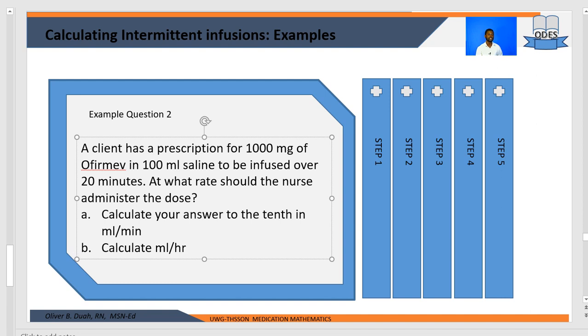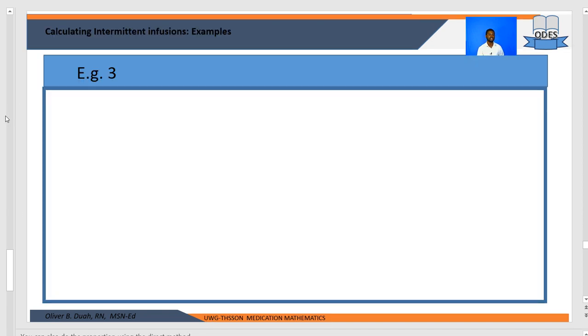Okay, so let's see what are the variables. So we have volume, which is equal to 100 ml. We have time, which is equal to 20 minutes.